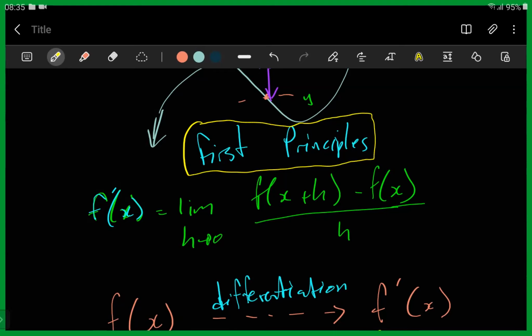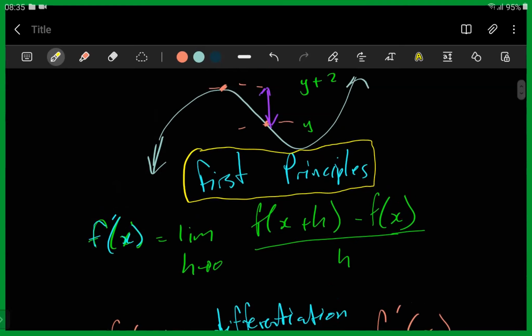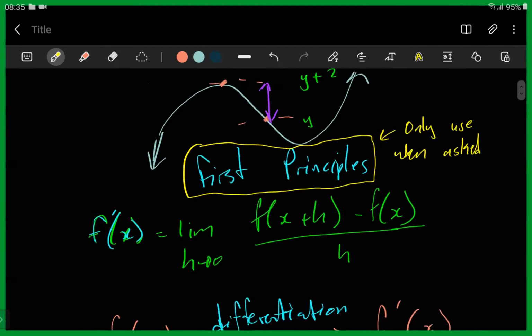So what I can put here is: only use when asked.